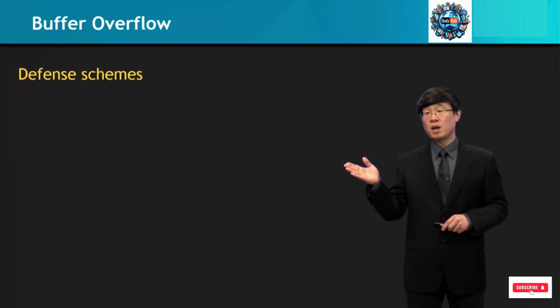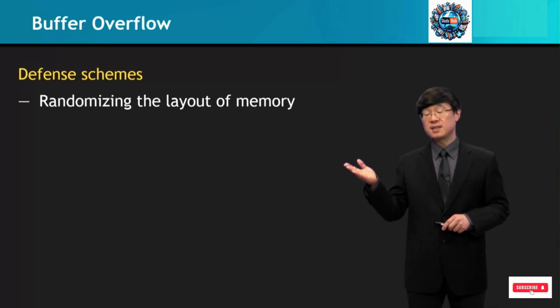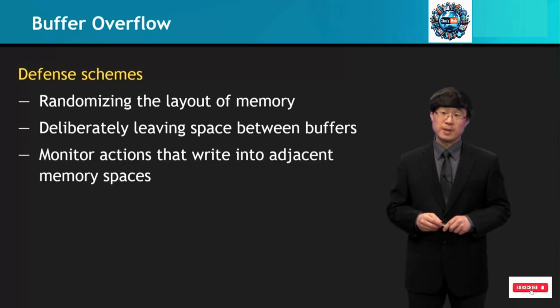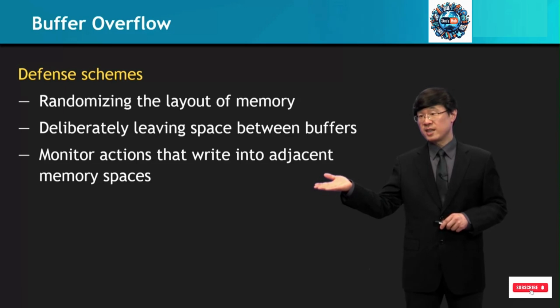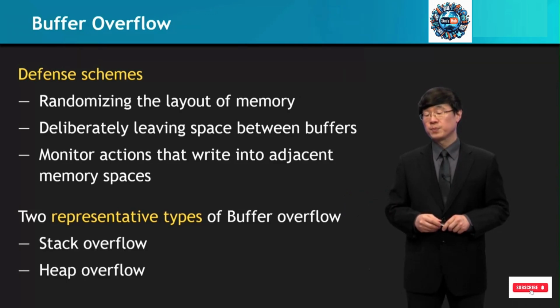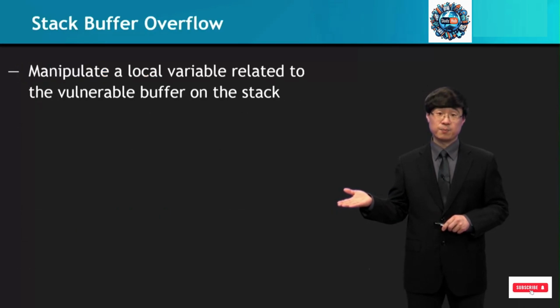Now, some of the possible defense schemes include randomizing the layout of your memory, deliberately leaving space between buffers, and also monitoring actions that write into adjacent memory spaces. Two representative types of buffer overflow are stack overflow and heap overflow. Let's look into these.